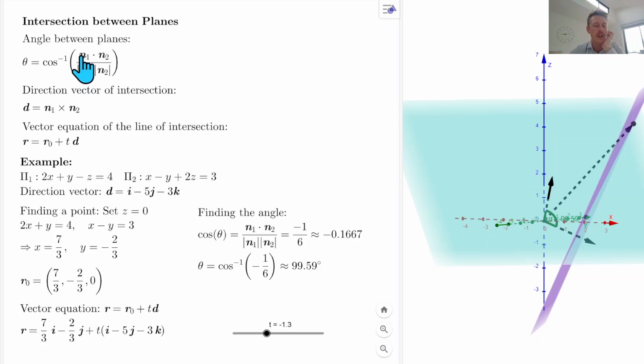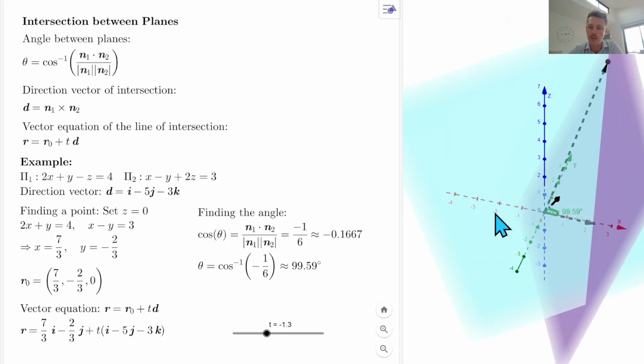So n1 dotted with n2 is equal to the magnitude of n1 multiplied by the magnitude of n2 multiplied by cosine of theta. If you rearrange that for theta, you would get this. So that's where that comes from, as finding the angle between two planes.